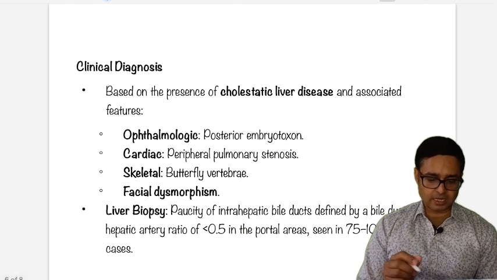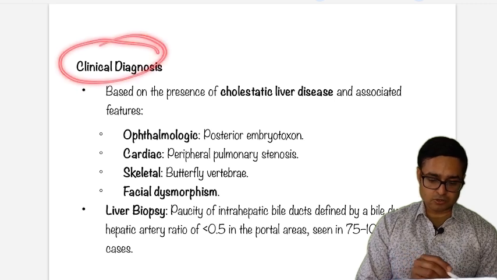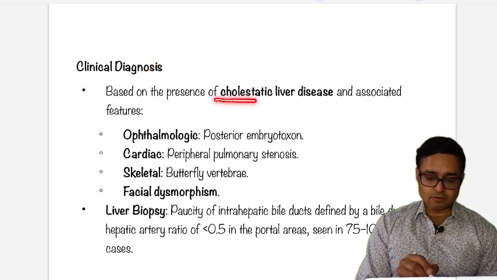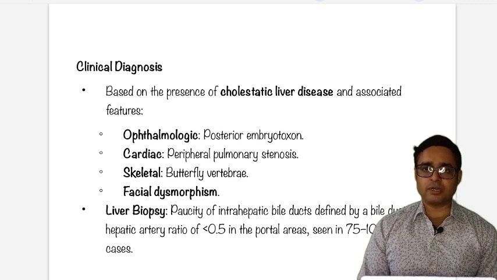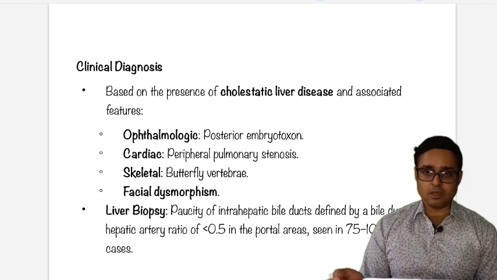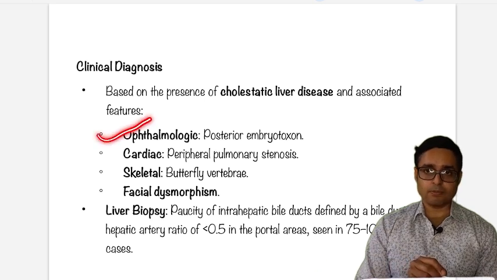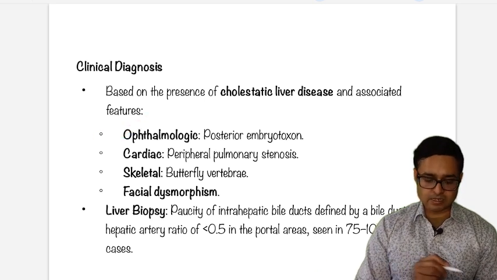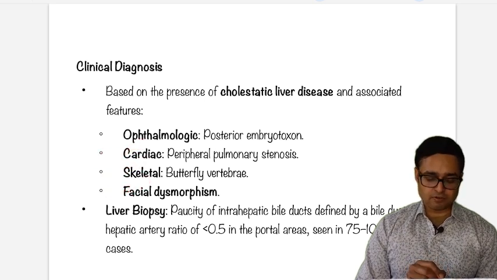Okay, then how will you clinically diagnose Alagille syndrome? Based on the presence of cholestatic liver disease. Basically, the neonate presents with neonatal cholestasis and you find the other associated anomalies: on ophthalmological examination, posterior embryotoxon as we discussed; cardiac, peripheral pulmonary stenosis; skeleton, butterfly vertebrae; and facial dysmorphism.